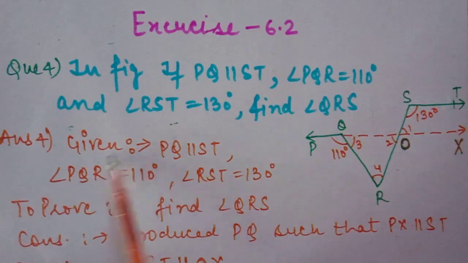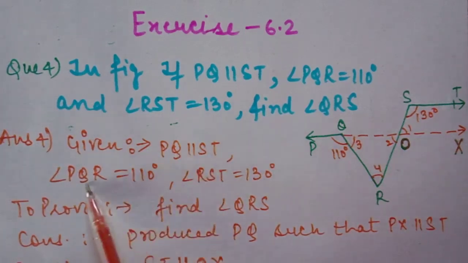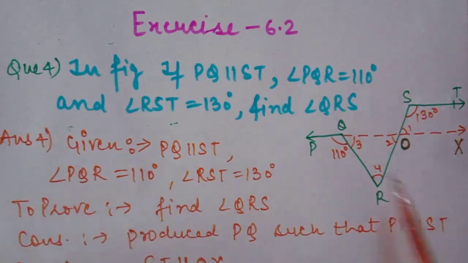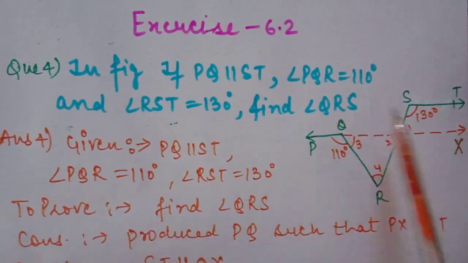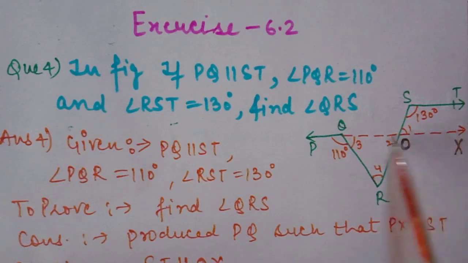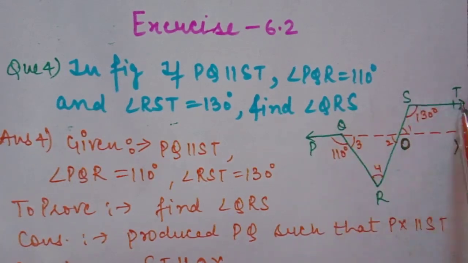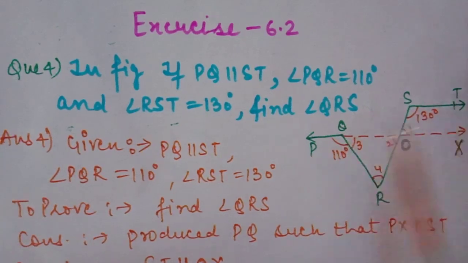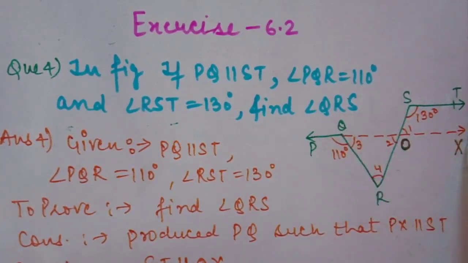Two lines are parallel and two angles are given, and we have to find the value of QRS. So we will do a construction. Produce PQ such that PX is parallel to ST. PQ is already parallel to ST. We will produce this line like this. The complete new line is parallel to ST.